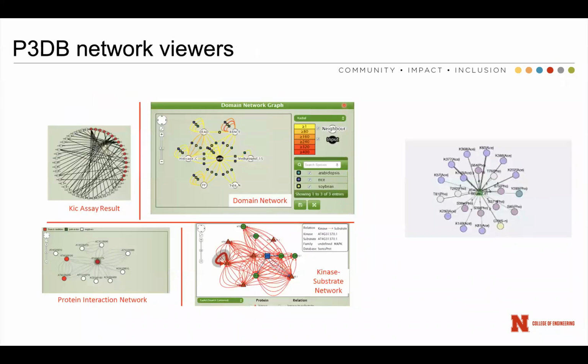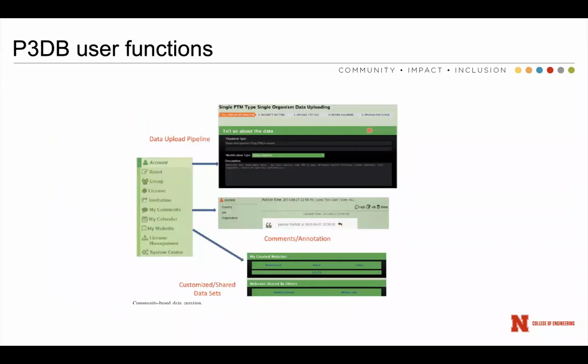We also build fancy network viewers because the data are not isolated. They are all interconnected with each other. We also implemented a lot of functions for the user center. If the user logs into the user center, they can manage and host their own data sets, and they can also leave comments.